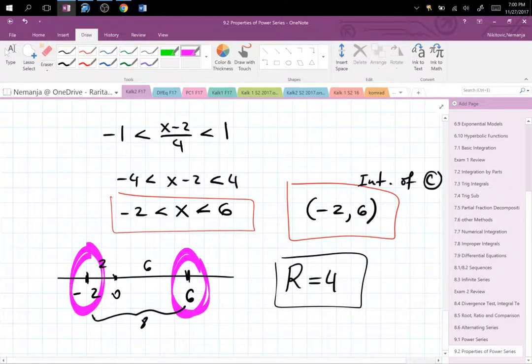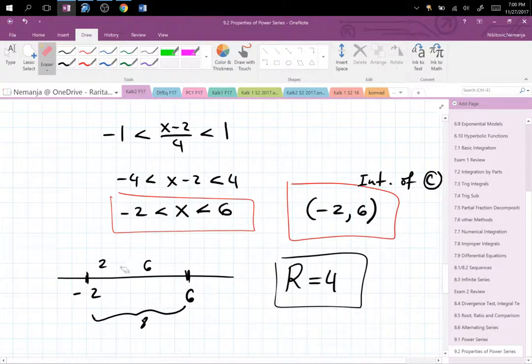And what is in the dead center of -2 and 6? It's 2. And then you have 4 units one way and 4 units the other way. So here is the center of 2 with 4 units this way and 4 units that way.